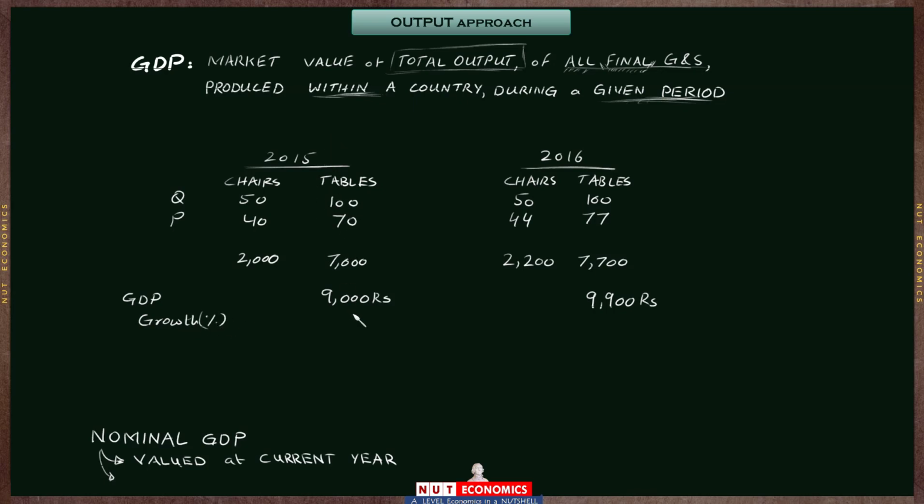So 2015 is the first year, so there is no comparison. But in 2016, economists would see that, okay, 2016, the GDP is 9,900. In the last year, it was 9,000. So in 2016, this GDP has grown by 10%. And this GDP growth is what economists would really look at.